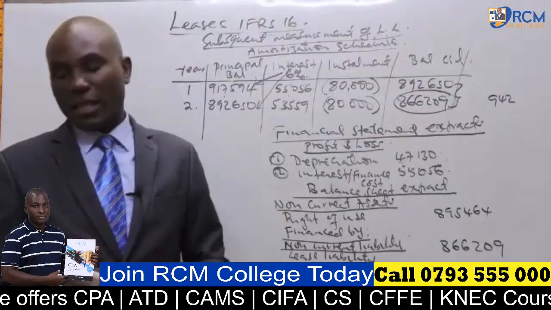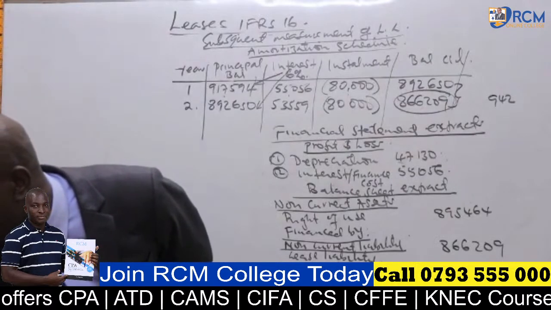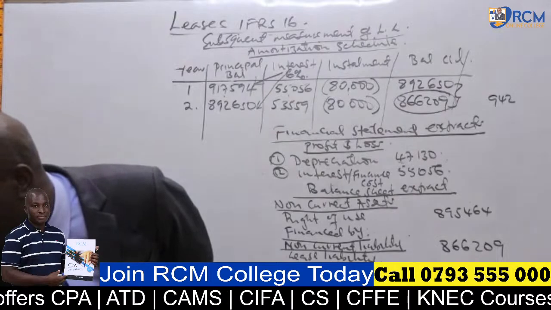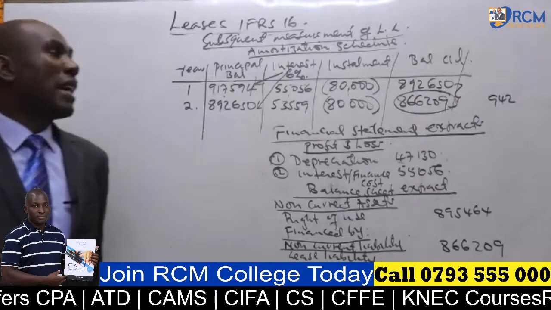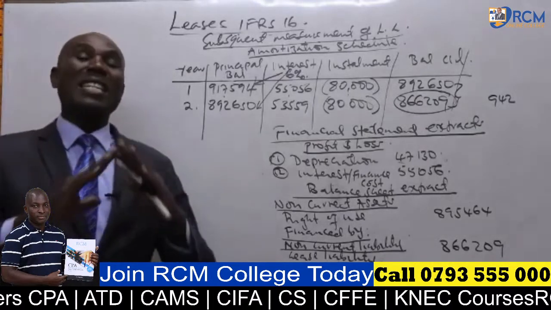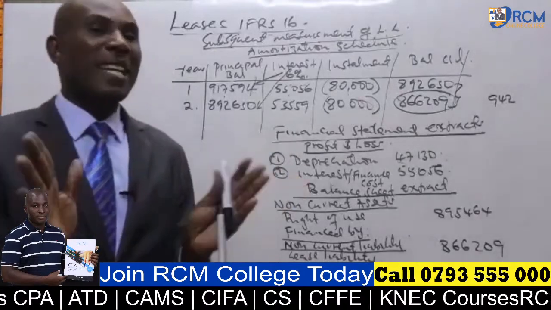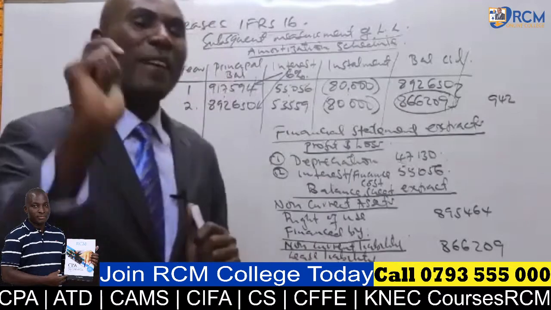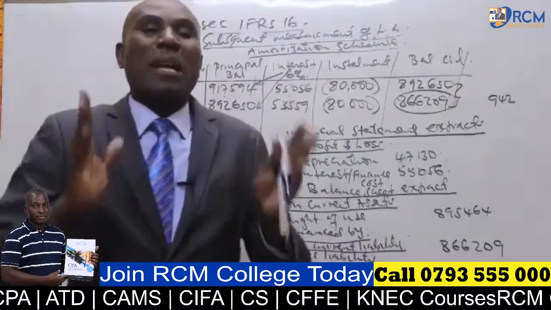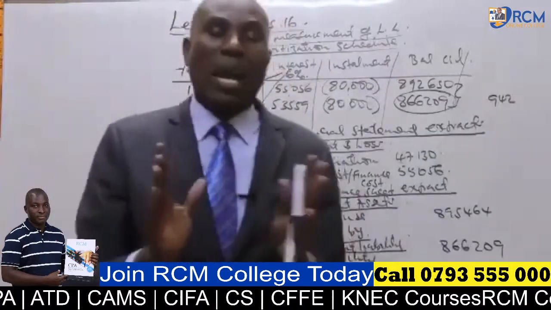How come this liability is not 892,650 in non-current liability? That is what I'm explaining. That is according to IFRS 16. When we go to IFRS 9, you don't separate, but in IFRS 16, you separate between the current liability and the non-current liability.